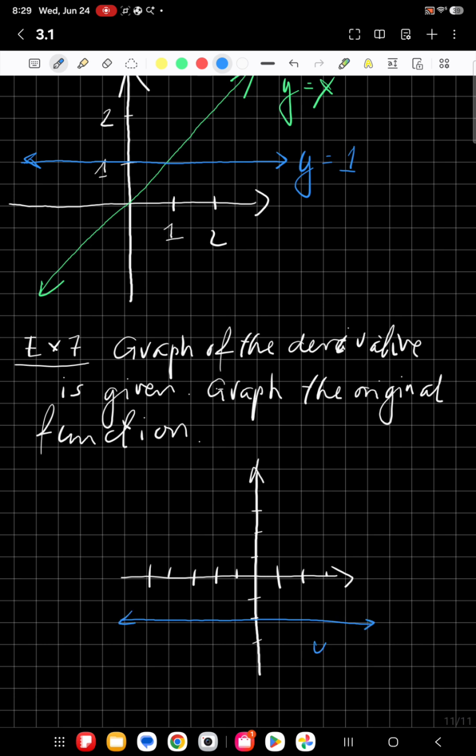Alright, so I'm going to write y prime, the derivative, equals -2. So now the equation of the original function needs to have a slope of -2. So we could graph something like this. That would work. But we don't know what the y-intercept is, or the x-intercept. So this could be y equals -2x, and then plus, there are many different options.